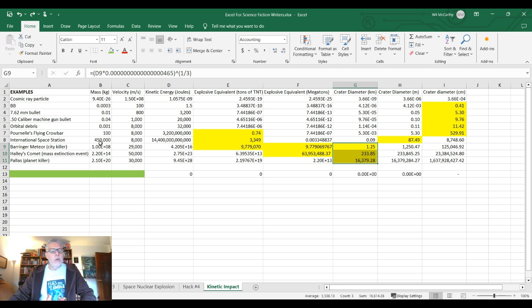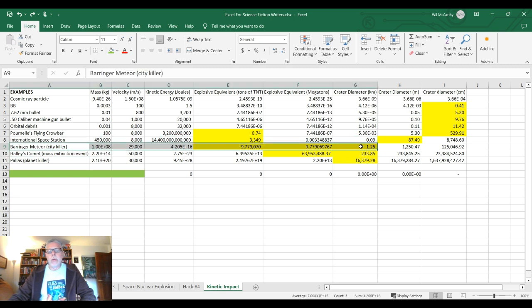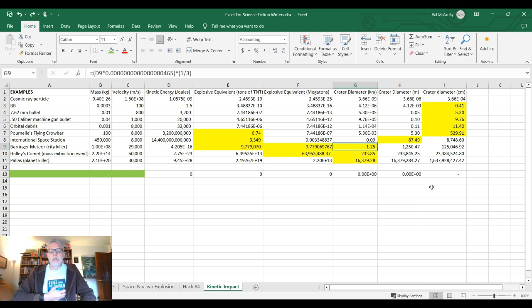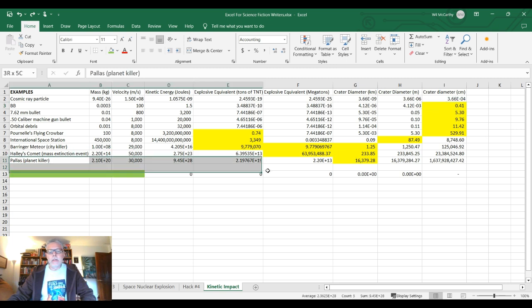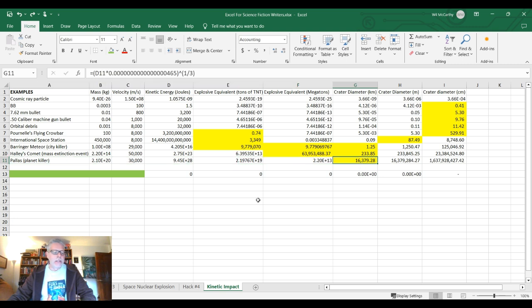With the city killer asteroid, the most meaningful thing to say about it is you've got a 10 megaton explosion and a 1.25 kilometer wide crater. If you're talking about a BB, the thing that makes the most sense to say is it leaves a chip that's roughly the size of the BB itself. And in the case of the planet killer, the most relevant thing is it kills the planet.